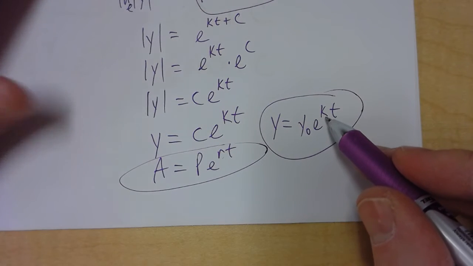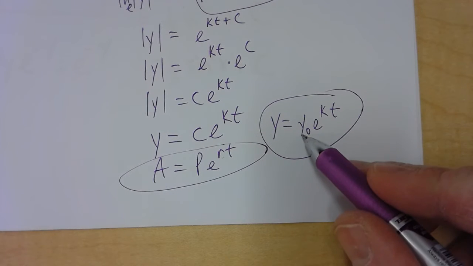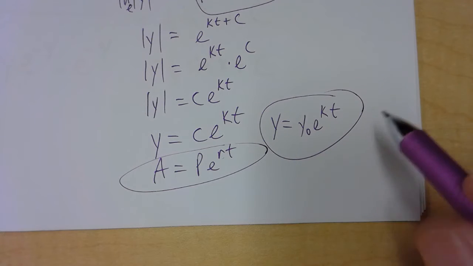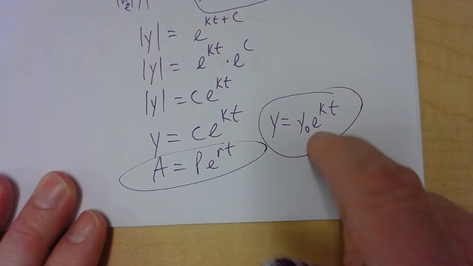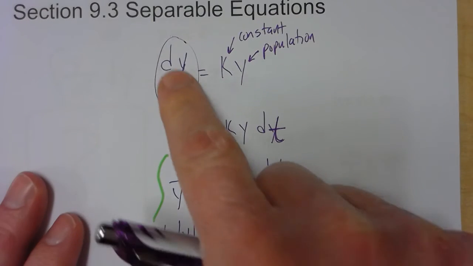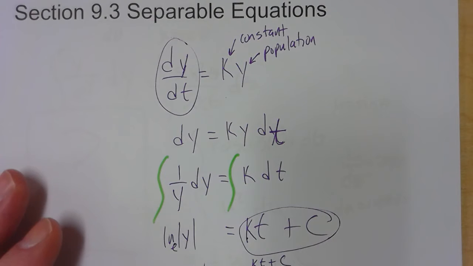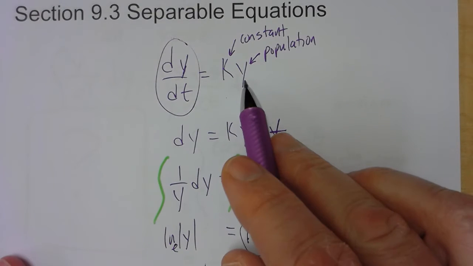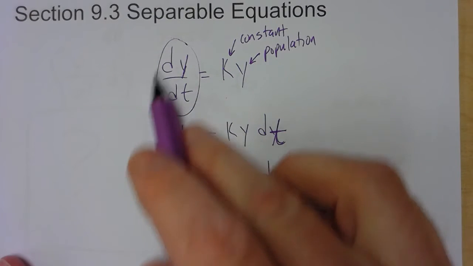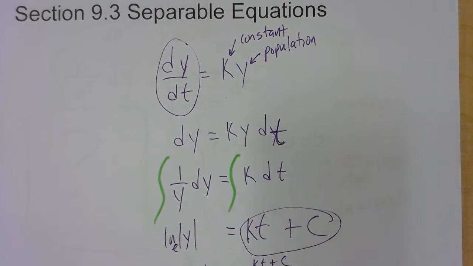So if k is greater than 0, the thing is going up, and if k is less than 0, it's going down. But you have a starting amount. So these exponential equations come from the differential equation dy/dt is equal to ky. So ky is the constant times the population. So the instantaneous rate of change of the population is proportional to the population. Well, that makes total sense.